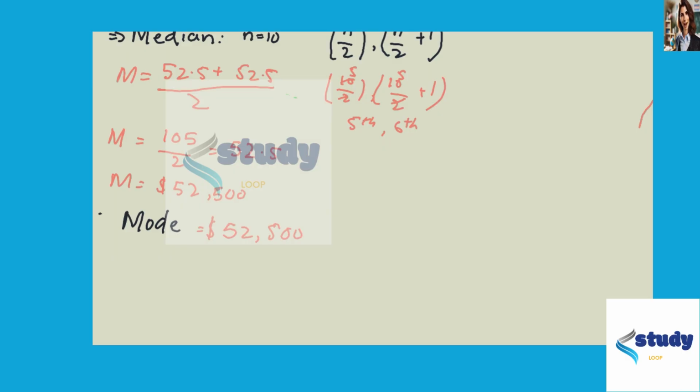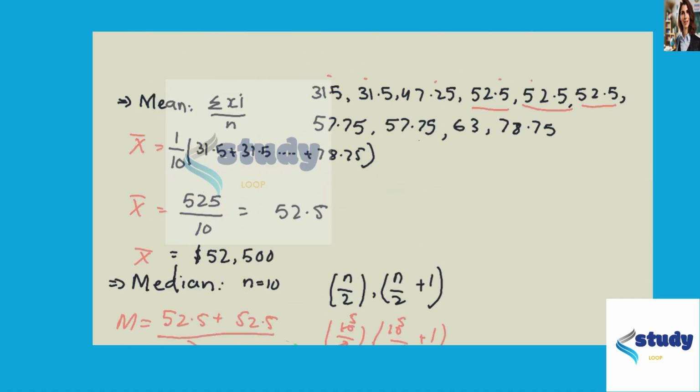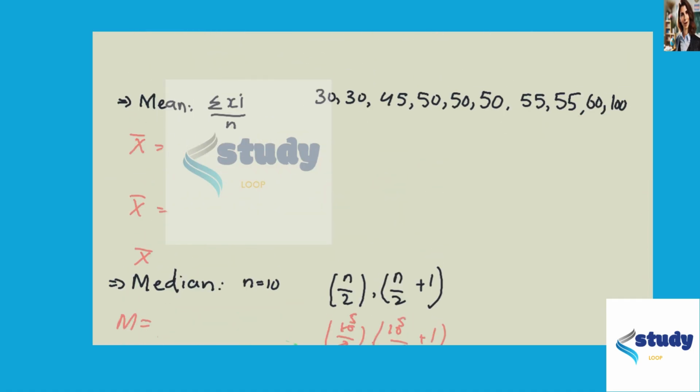So let's do it. Recreate the data. So here is the new data. As we can see here, that he takes the 25,000 for himself, so there is 100. So let's start with this.